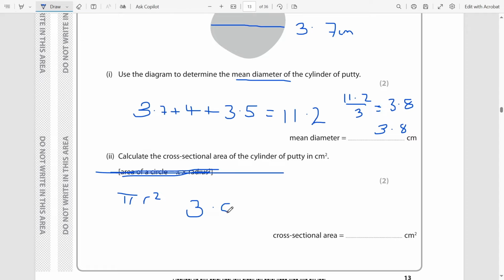You don't want to accidentally use the diameter instead and get the wrong answer. So we're going to do 3.8 divided by 2, which equals 19. So pi times 19 squared equals 361 pi. What the heck? That's definitely not the answer. Oh, what did I do wrong?